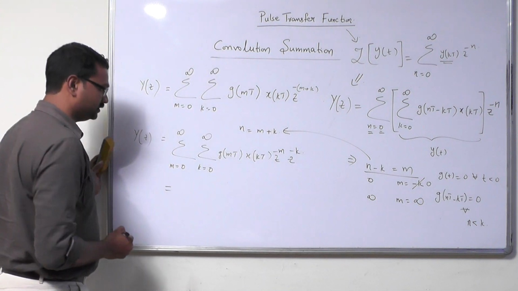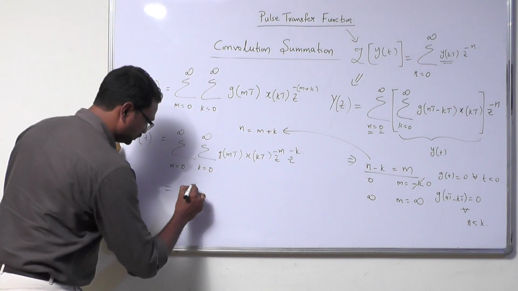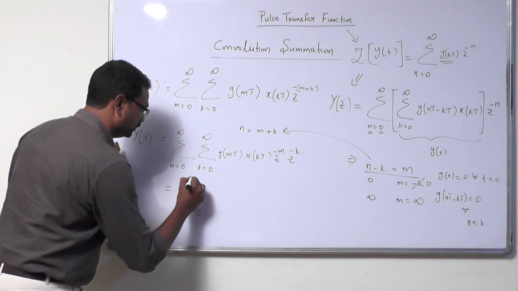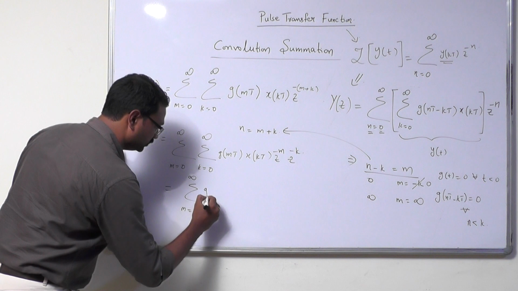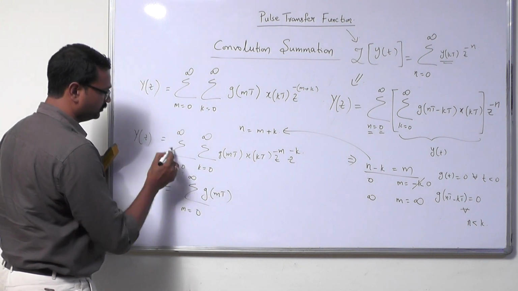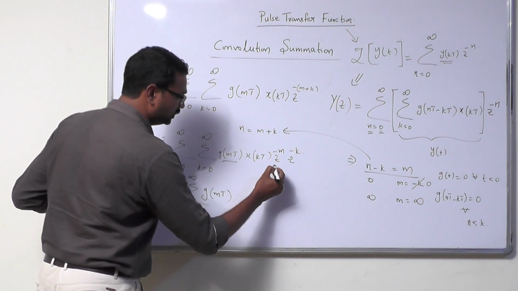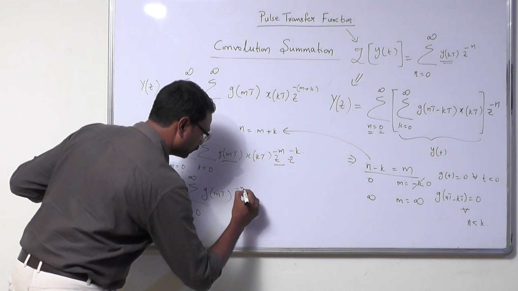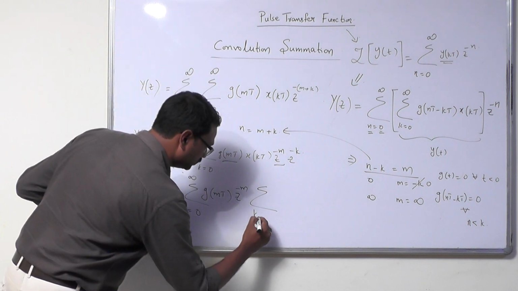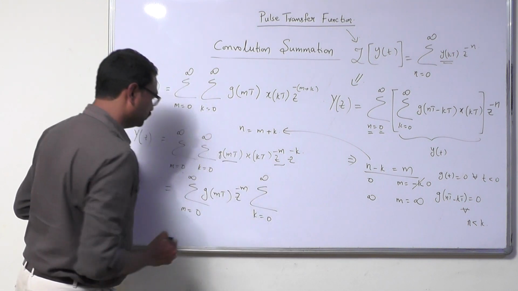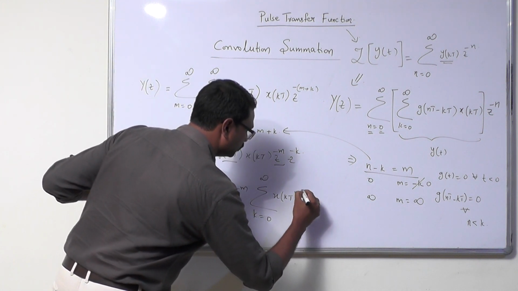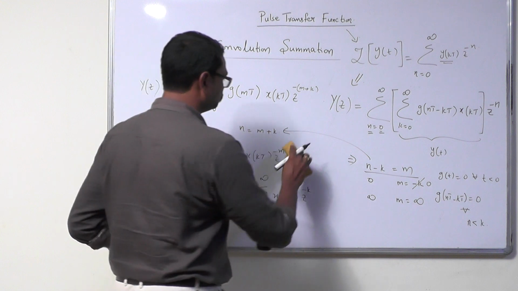Now if I separate these m and k terms, sigma m is equal to 0 to infinity, g of mt z power minus m is taken separately, and again sigma k is from 0 to infinity x of kt z power minus k.